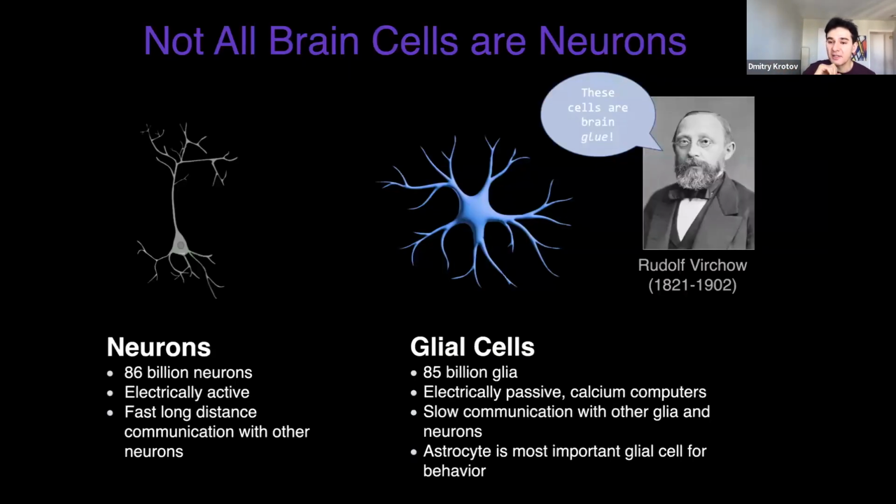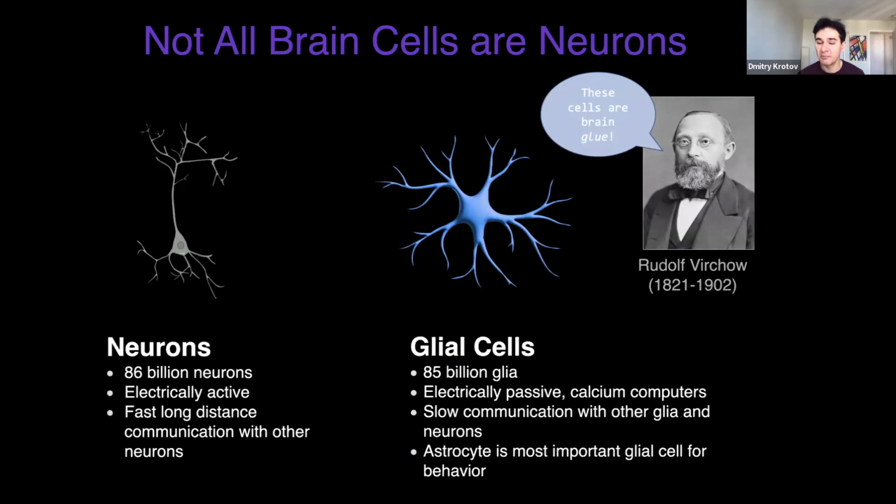Now, let me go to theory number 2. And in order to introduce this idea, let me state the obvious in this community that not all brain cells are neurons. So a typical human brain contains, roughly speaking, 85 billion neurons, and roughly speaking, a similar number of glia cells. Glia cells are electrically silent.